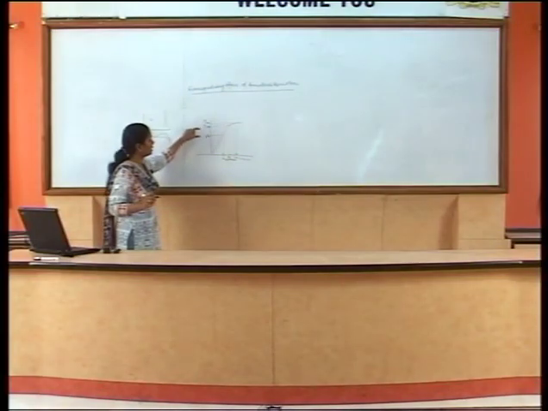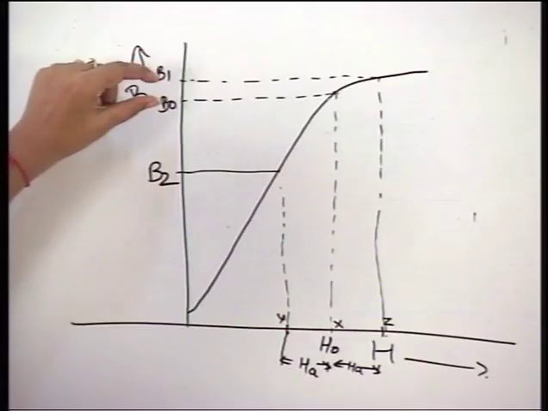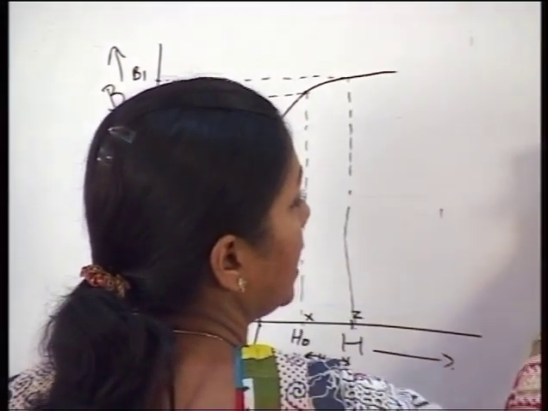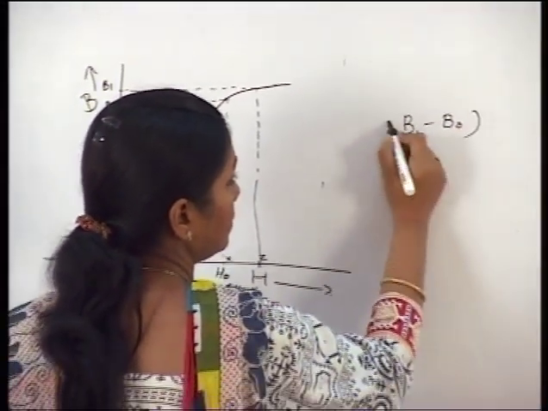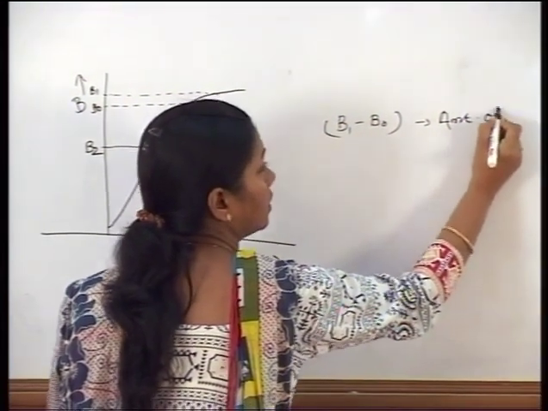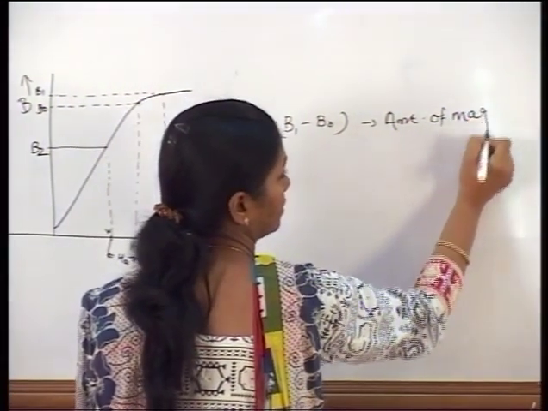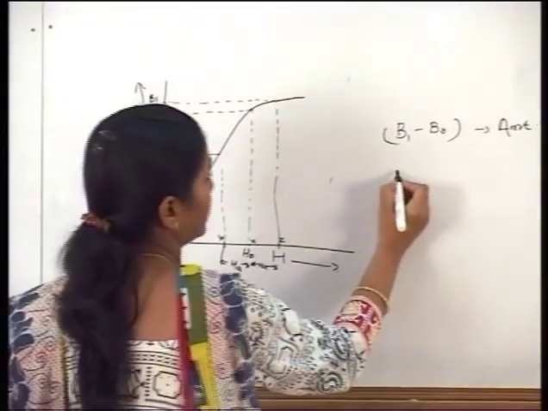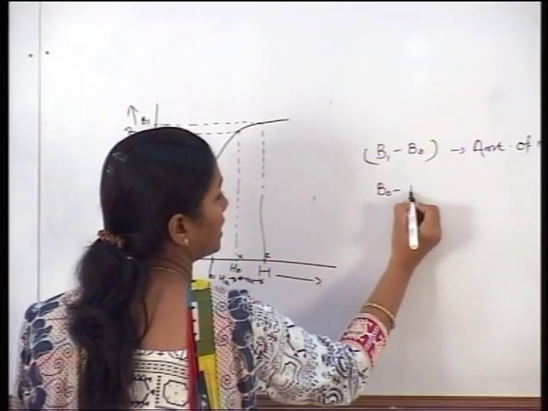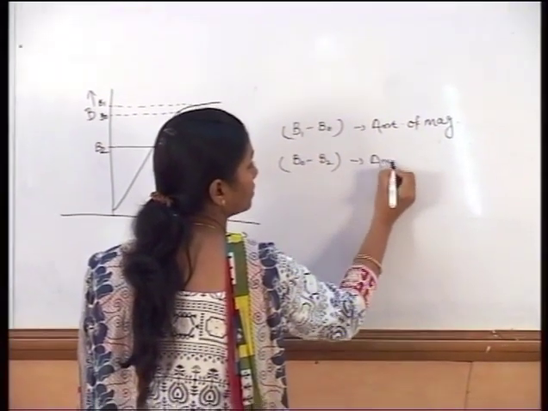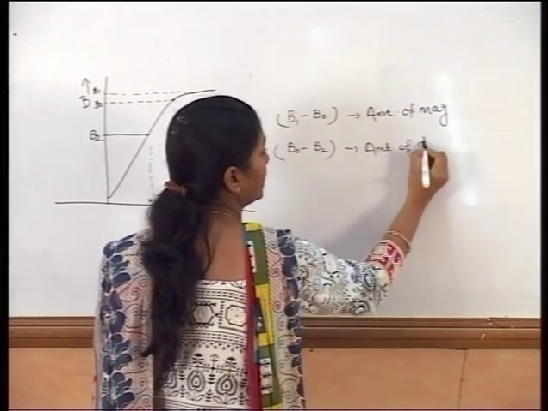So, it is very clear from the diagram that the amount of magnetization is B1 minus B0, and the amount of demagnetization is B0 minus B2.